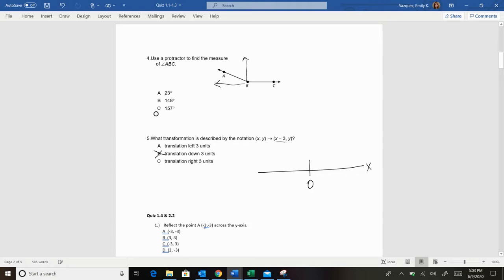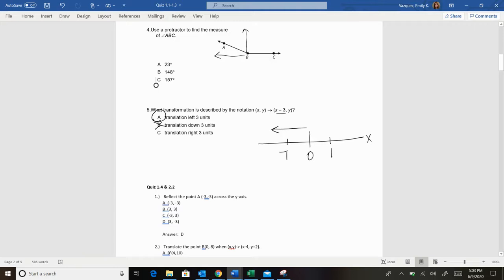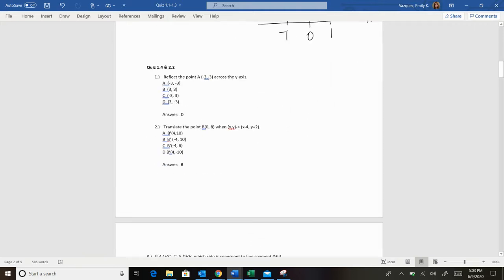If this is the origin, this is a positive one, this is a negative one, right? So negatives are all to the left of 0. So when you have x -3, x tells you left and right, and the -3 means that we're going to go towards the negatives, which is going to be to the left. And in this case, 3 units. And that was it for the first quiz that you were given.